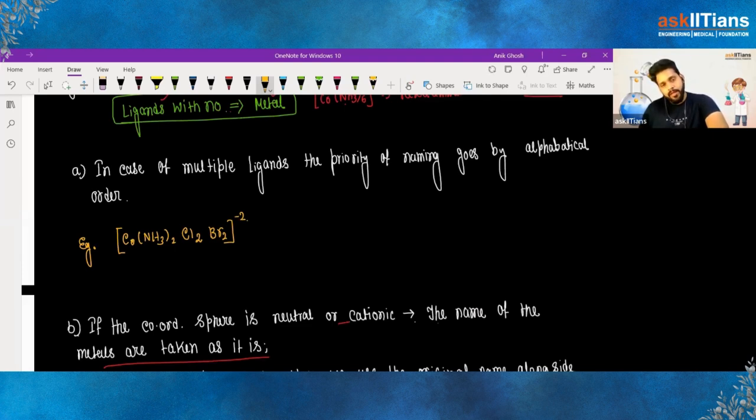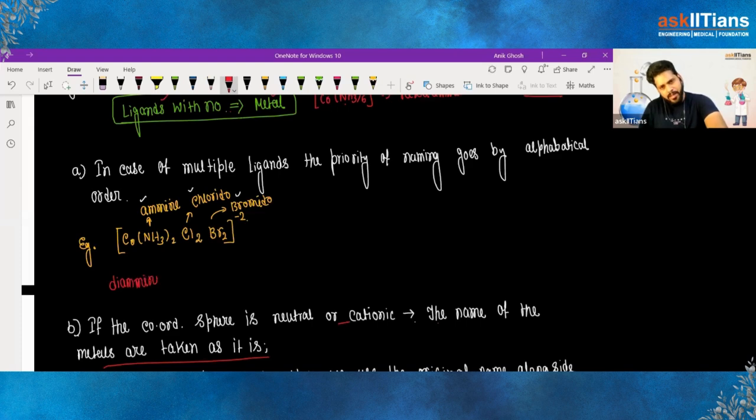We are going to name the ligands first in alphabetical order. The name of NH3 is amine. The name of Cl is chlorido. Anionic Br is bromido. Tell me alphabetically what comes first. Definitely A, then B, then C. The name: diamine.